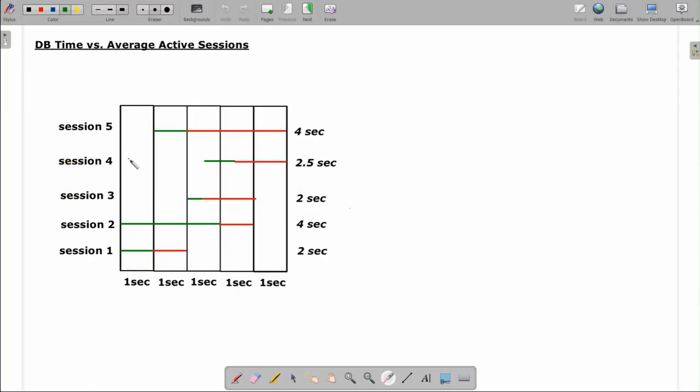Session 4 consumed 2.5 seconds, 1 second consuming CPU and 1.5 seconds waiting for certain resources. Session 5 also logged in and performed 4 seconds of database activity, 1 second of CPU activity and 3 seconds of wait time. So over the 5-second time period, we had 5 active sessions.